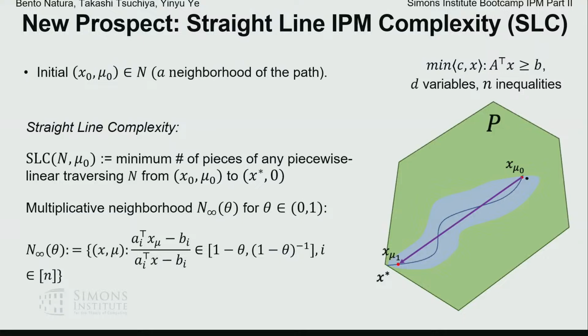So the question is, functionally, within the neighborhood, what's the smallest number of piecewise linear functions you can use to approximate that curve and still stay close to that curve? So they count this number, and find this number is actually very closely related to the classical interior point algorithms.